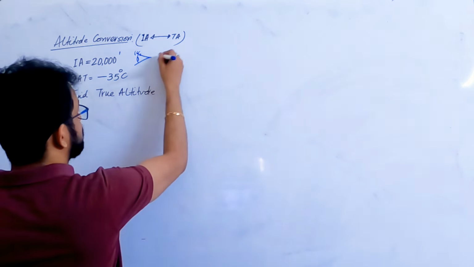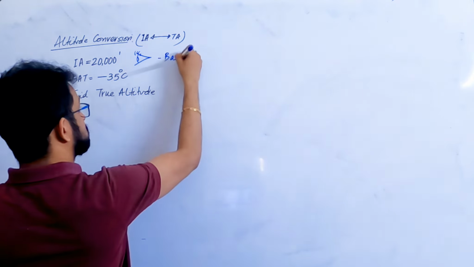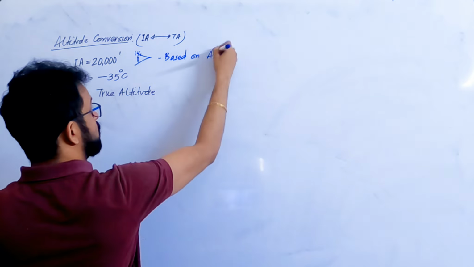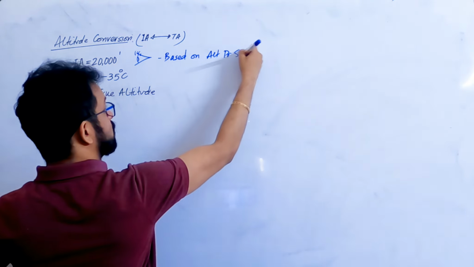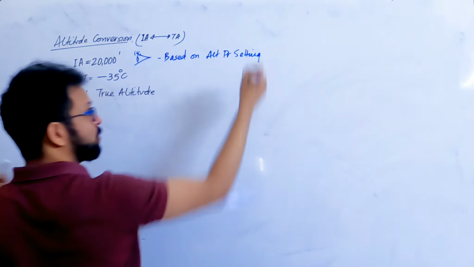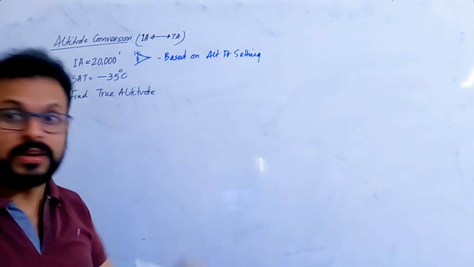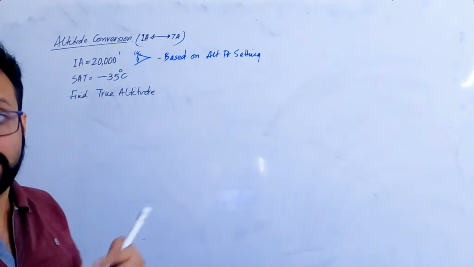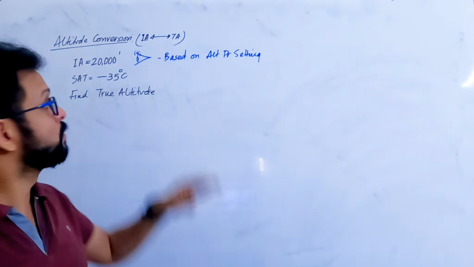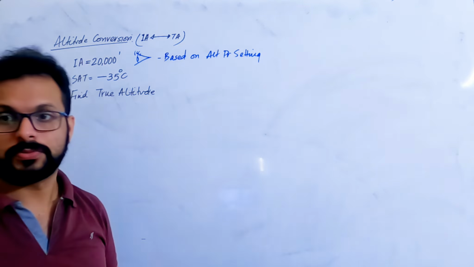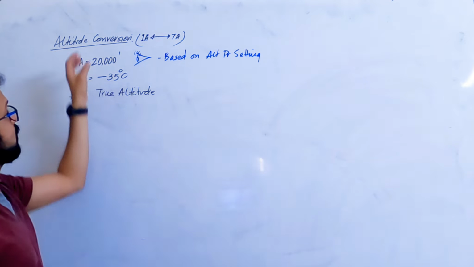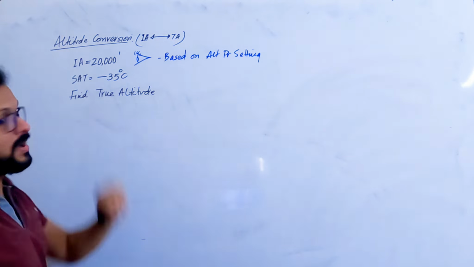If the pressure setting is 1013.2 hectopascal, then this is going to be pressure altitude indicated as flight level. If it is just a local QNH, this is going to be your altitude. Right? So here your static air temperature is minus 35 degrees Celsius.